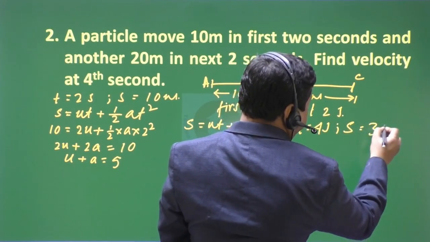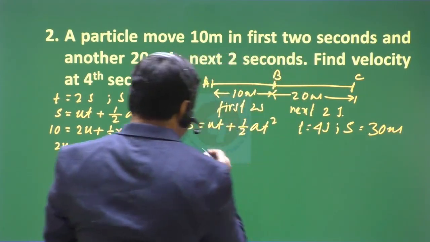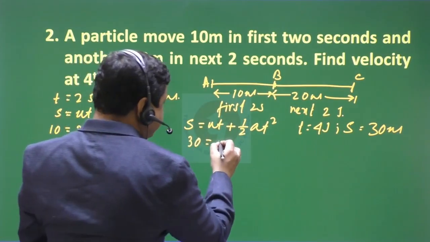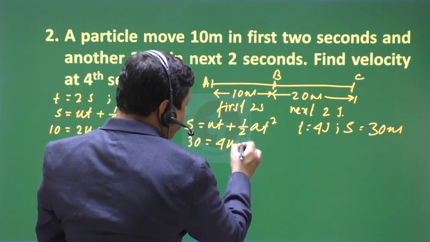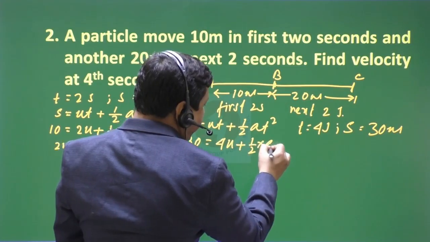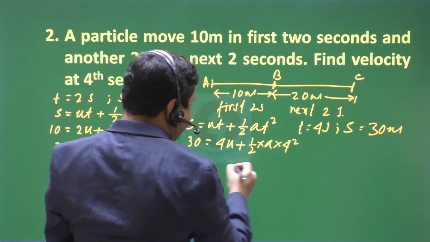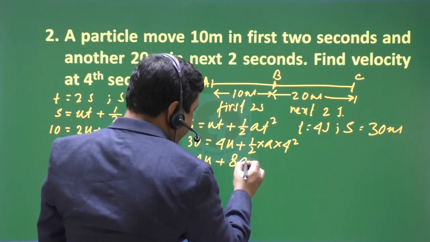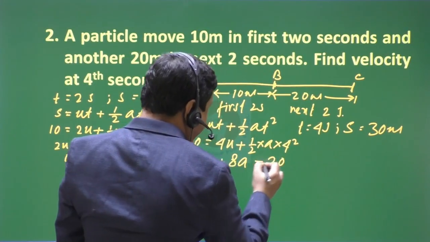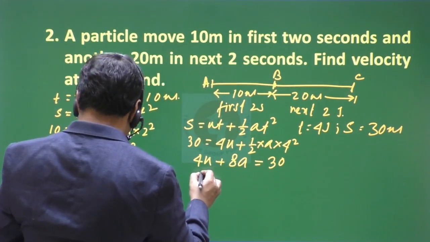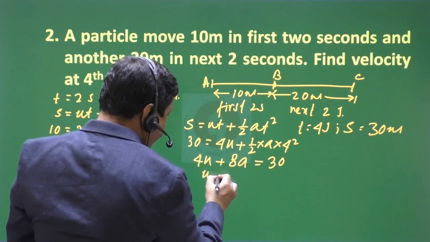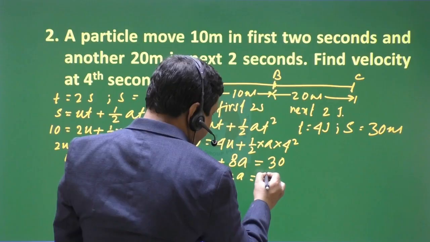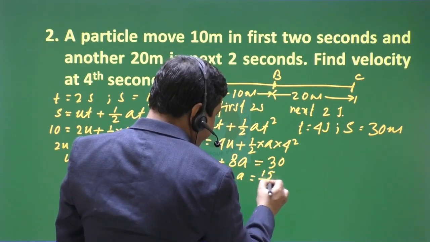Then if you take t equals 4 seconds, s equals 30 meter, and if you put this value, 30 equals 4u plus half into a into 4 square, that is 4u plus 8a equals 30. That means u plus 2a equals 30 by 4, that is 15 by 2.